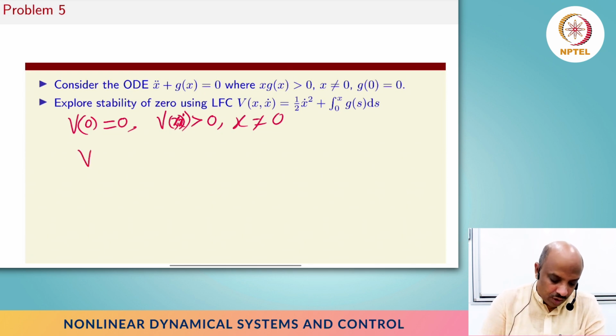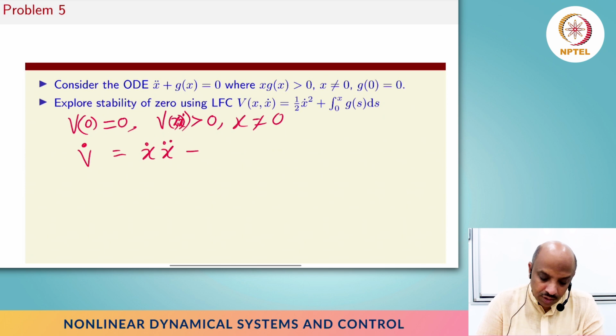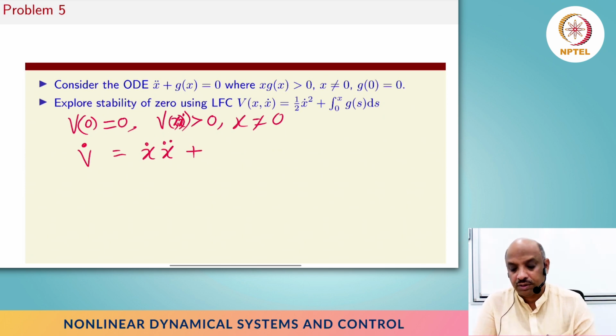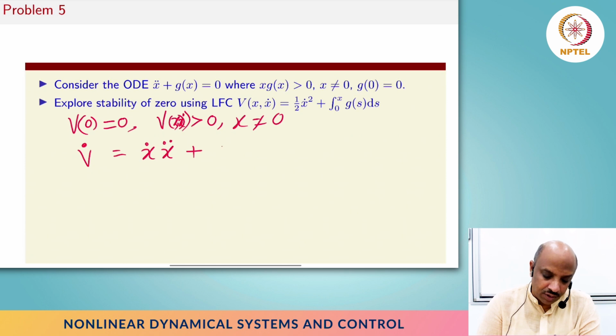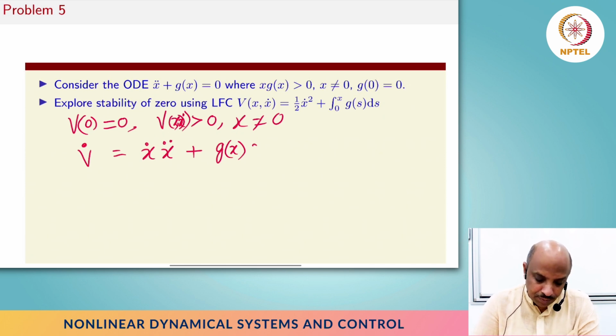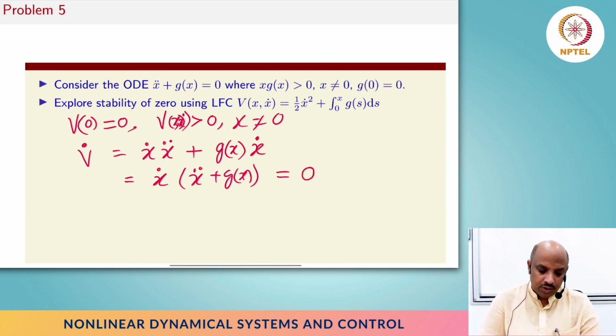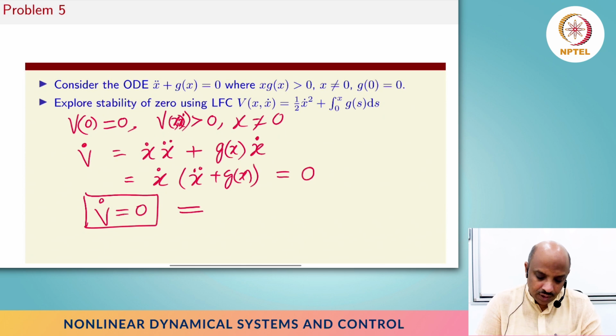So V dot is going to be x dot times x double dot, plus, if you recall basic calculus, the Leibniz rule, g of x times x dot. So that's nothing but x dot times (x double dot plus g of x), which of course is equal to 0. So we have V dot equal to 0, and that implies 0 is Lyapunov stable.